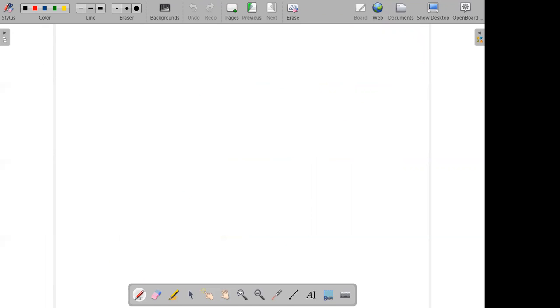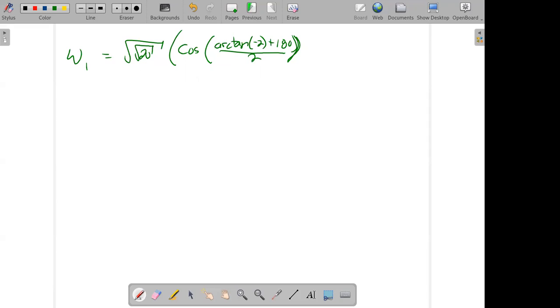So if you really, really, really wanted an exact answer, omega 1, let's do that in green, would be the square root of 20 times the cosine, and then the angle would be the arctan of negative 2 plus 180, parentheses there, divided by 2, plus i times the sine of, and our angle again for the original one was arctan of negative 2 plus 180, and that fraction is over 2.